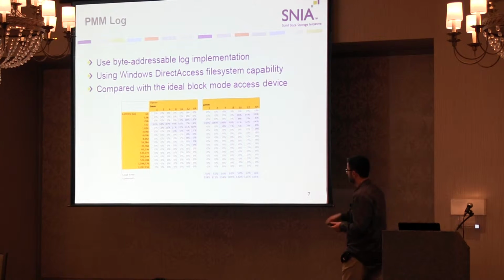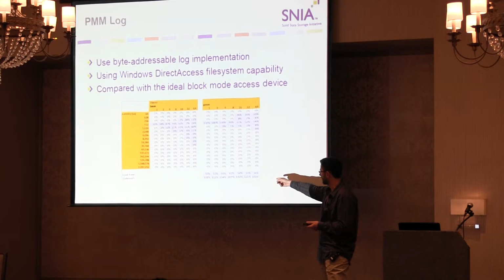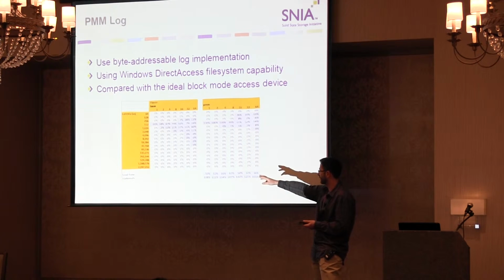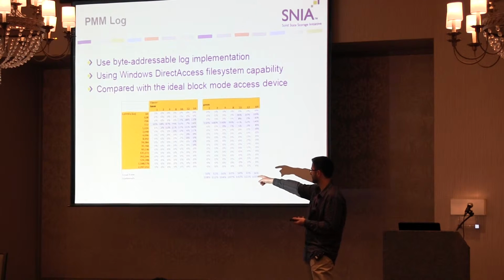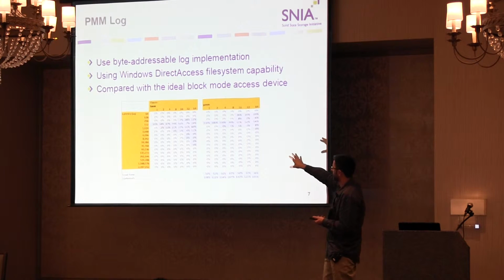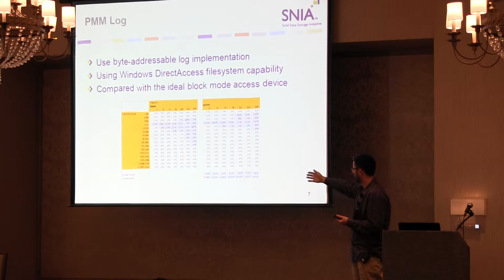And at the bottom here, the two lines, you're going to see the throughput difference, right? The load time, so how long did it take to populate the database? And you can see differences between 50% and 36%. The PMM log being, whatever that is, 64% faster at 64 cores.